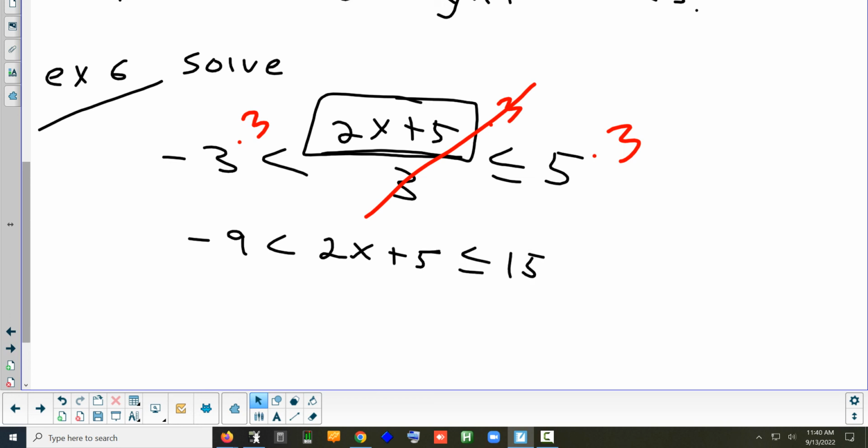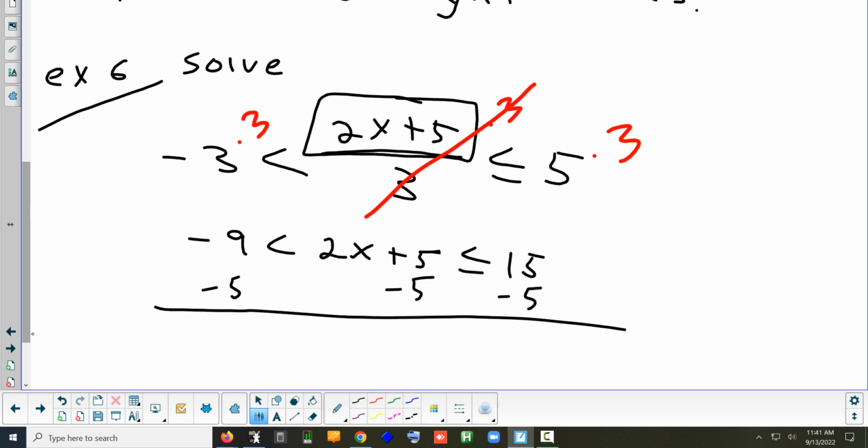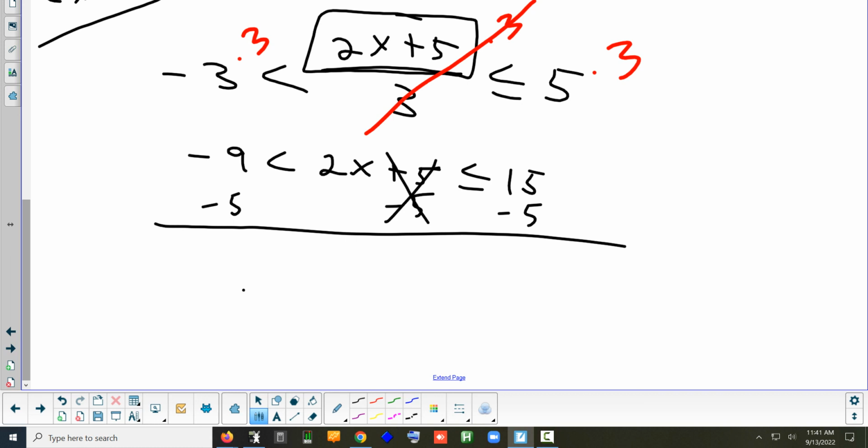Right. Same rules apply. If you multiplied by like a negative 3, you would flip both sides. But we didn't multiply by a negative, so we're good. What's my next step? Yep. Subtract 5, 5, and 5. And can you tell me what I get when I do that? Negative 14 is less than 2x, which is less than or equal to 10.